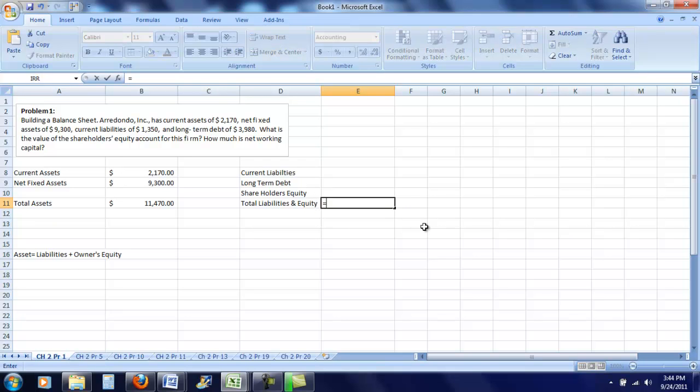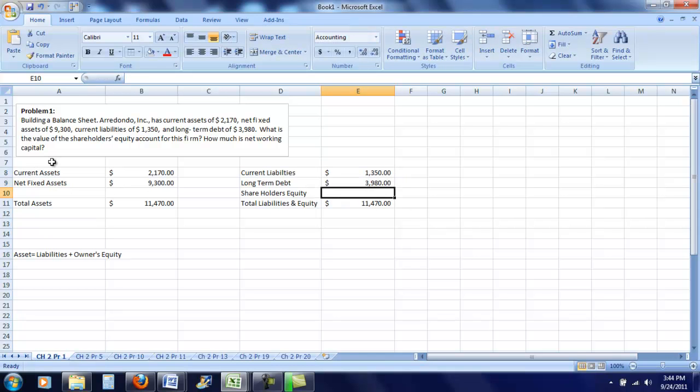So I'm going to hit the equal sign and put it over here for the total assets. Also given in the problem was the long-term debt, and our current liabilities of $1,350.